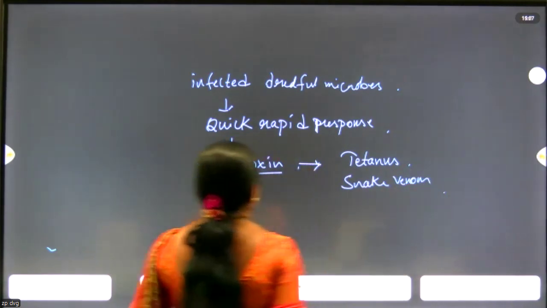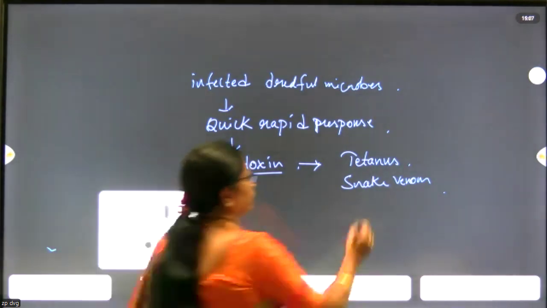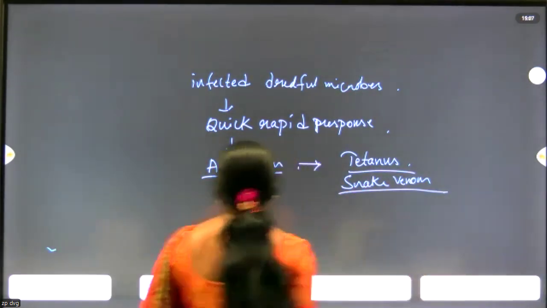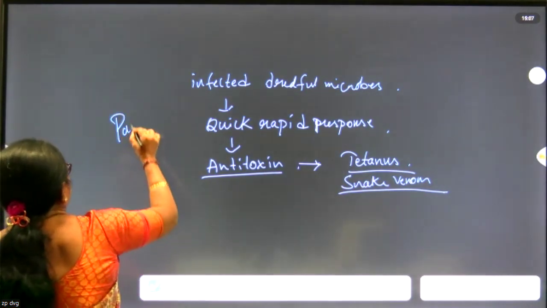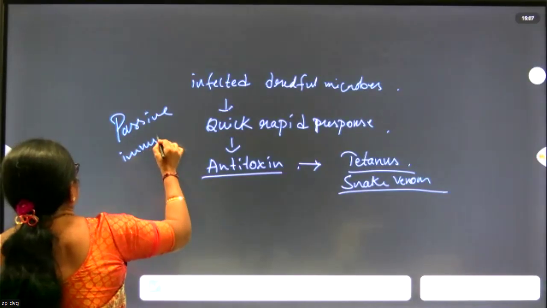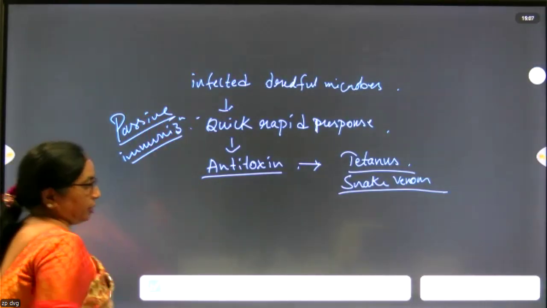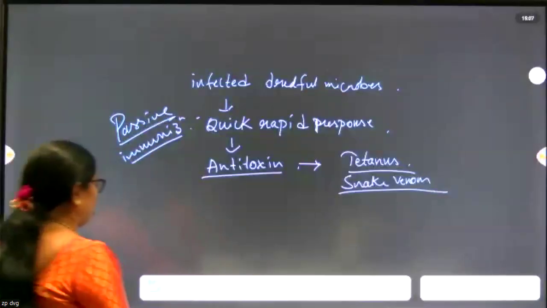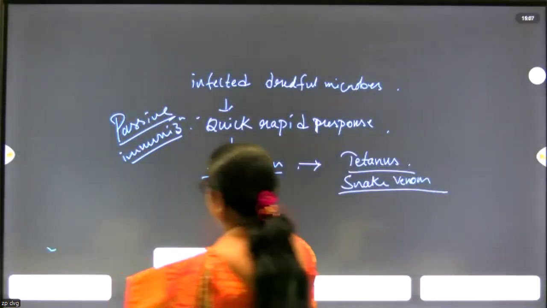Antitoxin is a preparation of the antibodies against the toxin. So that is given for tetanus or snake venom. And you call this passive immunization. Right. This is another concept very important for the competitive exam.